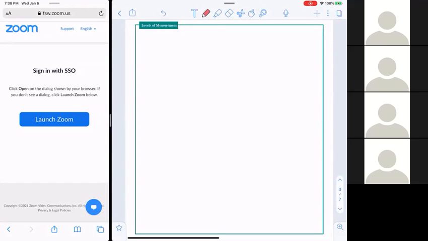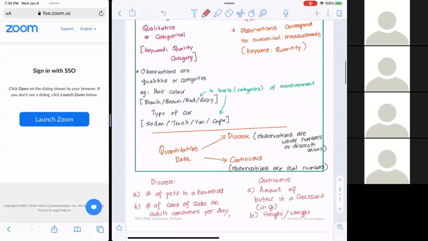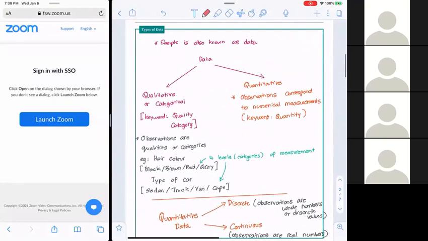Measurement levels, as I mentioned back here, for hair color, type of car, and so forth, are quite important, especially in the field of psychology and sociology.